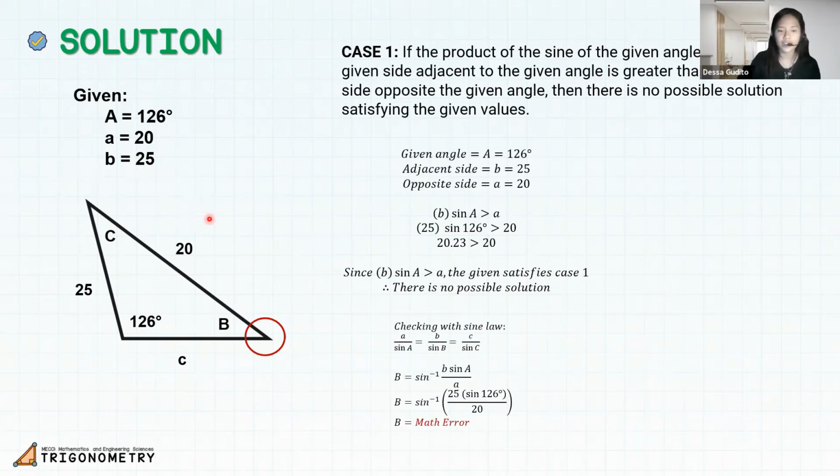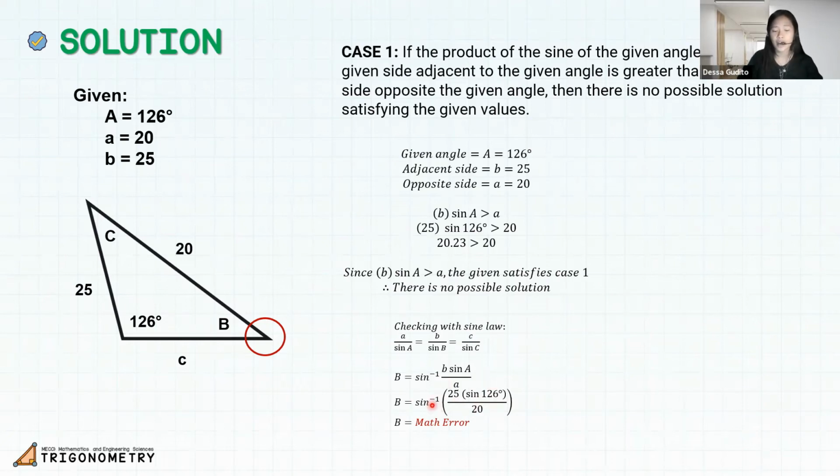We can also check this by using the sine law. So sine inverse of b sine A over a, we substitute these values in our calculator, and we will get a math error.